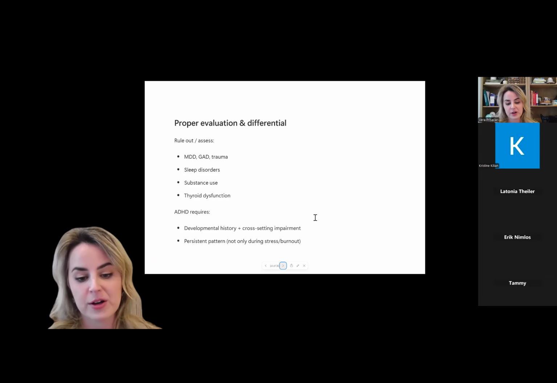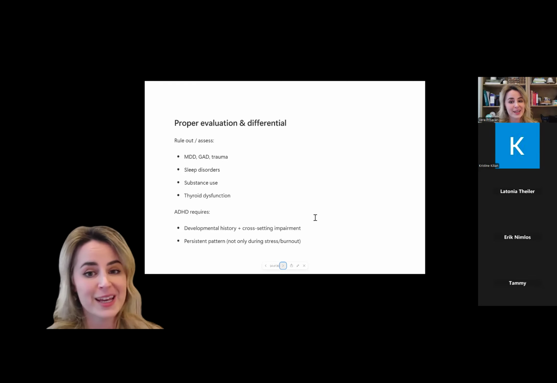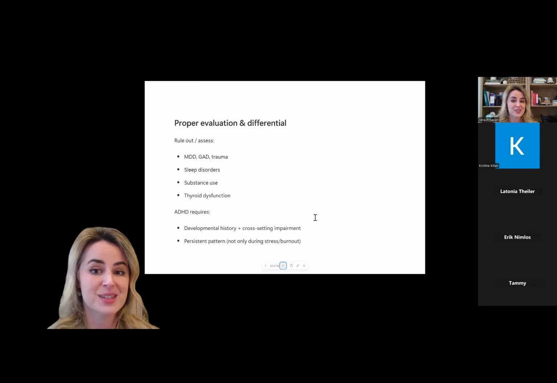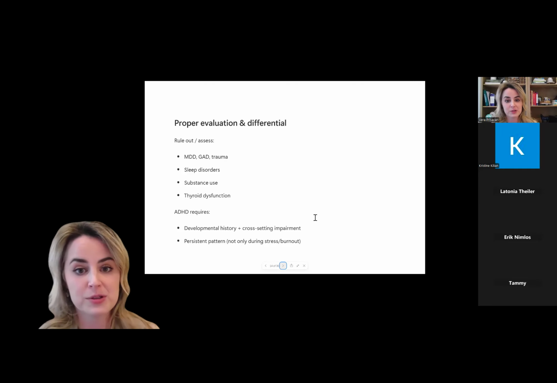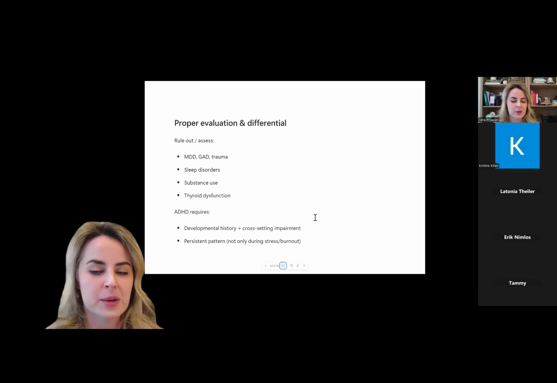It's a persistent pattern. And the same goes for periods of stress or burnout, say somebody's going through law school. You don't just get ADHD when you're in law school. It's something that you've had your whole life. Periods of stress can definitely exacerbate those symptoms, but they don't bring them on and cause ADHD.